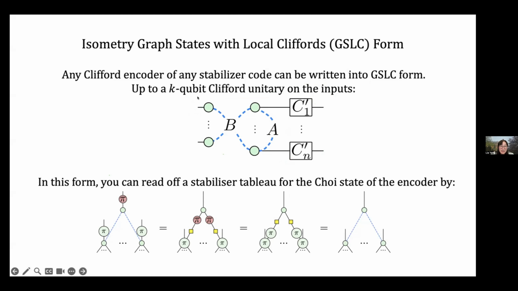And then that Pauli X will also copy to all of its neighbors in this B, and if it's on an output, maybe it also has neighbors with this adjacency matrix A as well. So its neighbors in the graph state corresponding to this encoder. And so you can stabilize that by doing Z on all neighbors. So we'll do an example next.